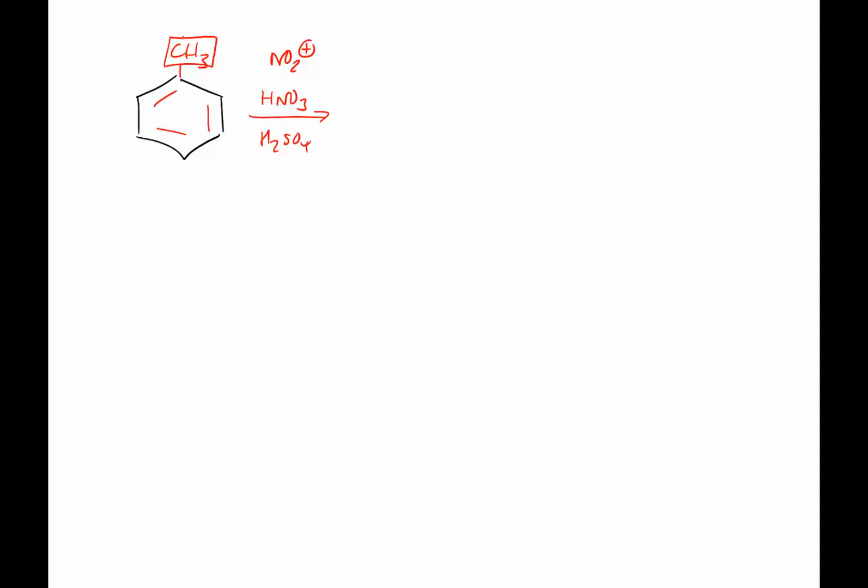You would say it's an ortho-para director because it's an activating group. It's number 3 on the list. So that means it's going to direct ortho and para to itself. And so we're going to get 2 different products for this reaction. We're going to have the nitro group added ortho, and we're going to have the nitro group added para.